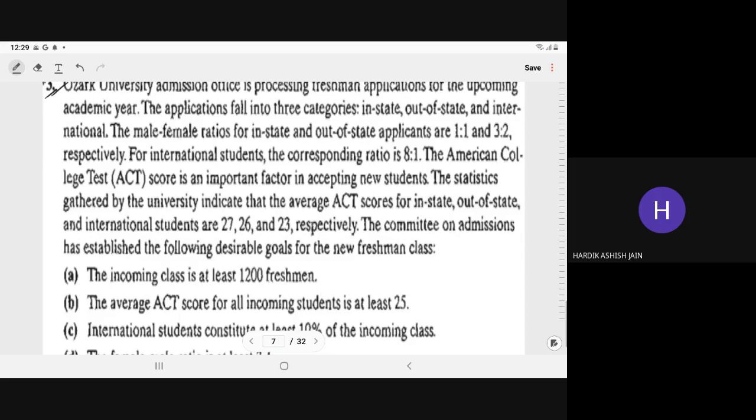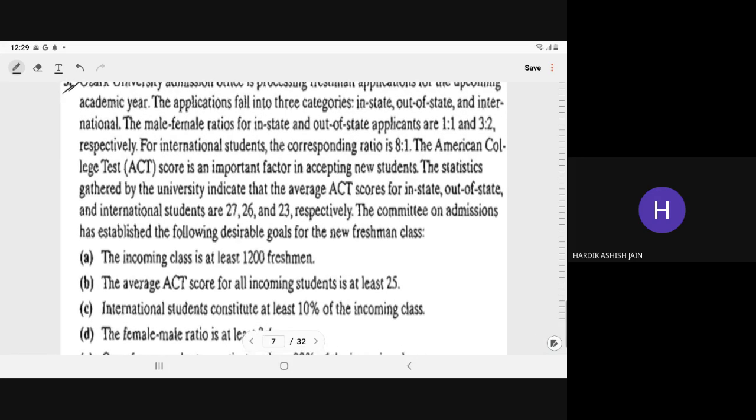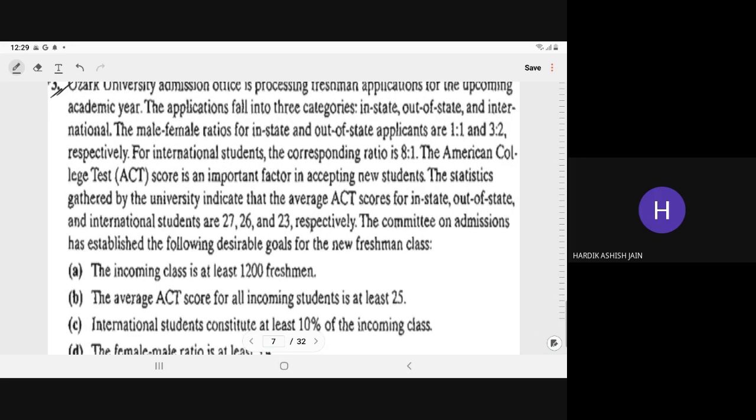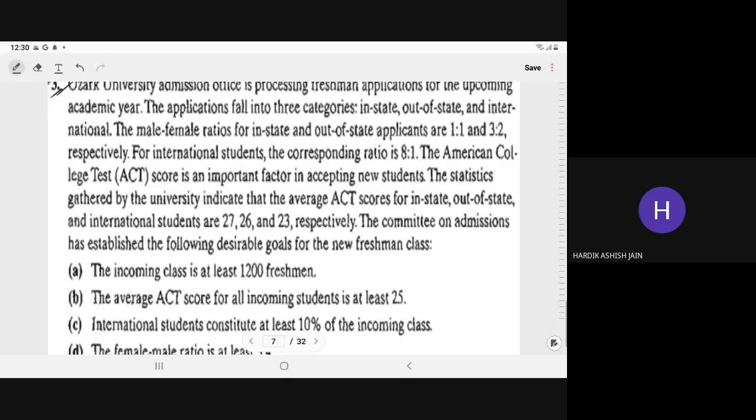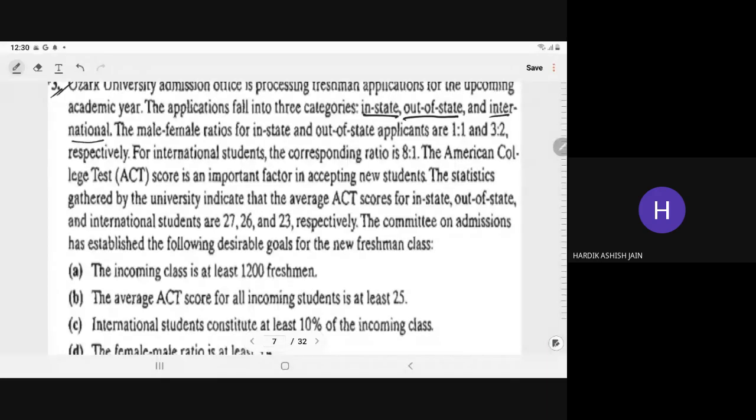Ojak University admission office is processing the freshman applications for the upcoming academic year. So there is the admission situation in Ojak University. The applications fall into 3 categories: in state, means from that state only; out of state, from all over the country; and international students, outside the country.